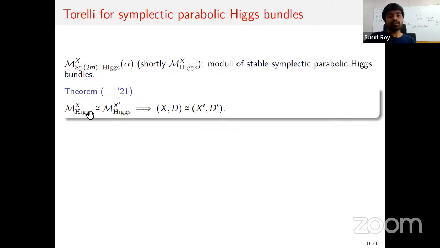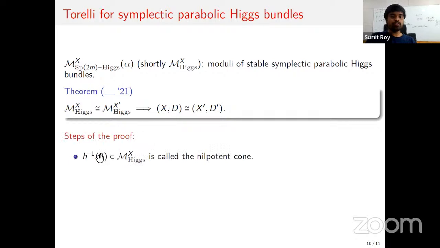If we have an isomorphism of this kind, then we have an isomorphism between the curves. So there is an isomorphism between X and X prime, sending, let's say, D to D prime.